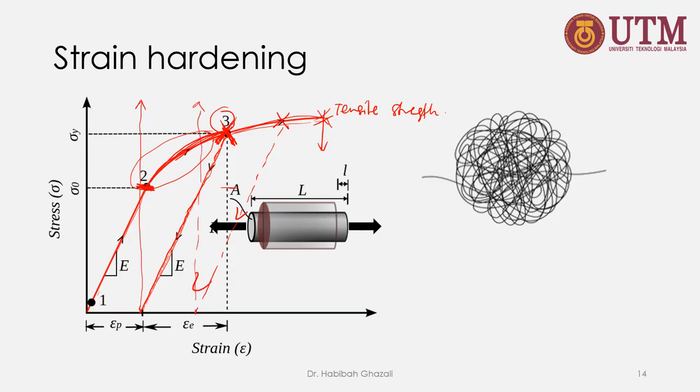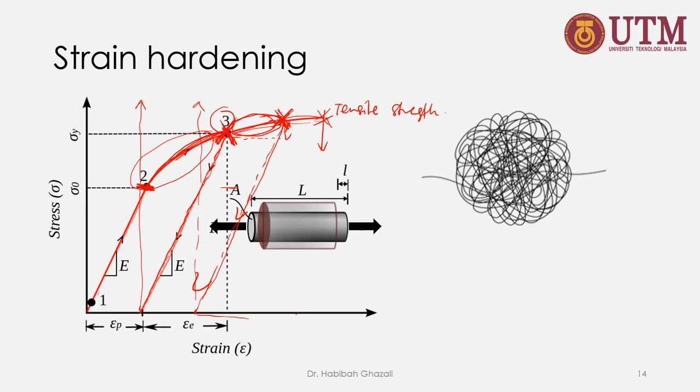If I retest the same sample again, remember the Young's modulus is not going to change, so this slope is going to be the same. Now the plastic deformation will happen at this point. You can see the same sample now having a higher yield strength, because during the second test, I introduced a lot more dislocation at that point.